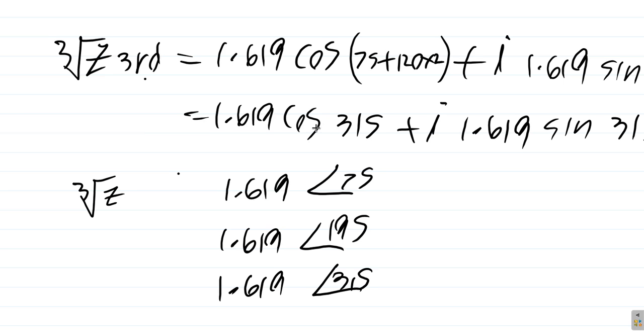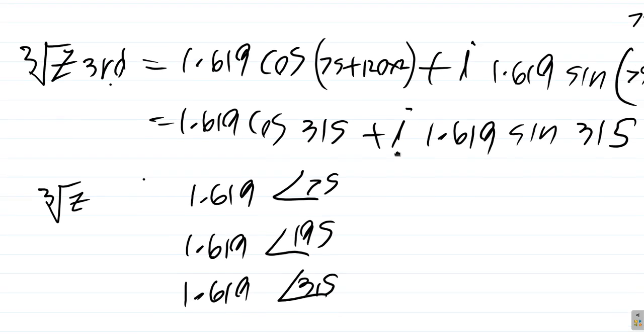You have to remember that it's really in this format. But this is a more advanced way of writing it, because the person who looks at this should know that what this means is 1.619 cos 315 + i 1.619 sin 315, right? You'd have to have passed this stage before going to this stage. You'd have to be a more advanced mathematics student to write it in this way.